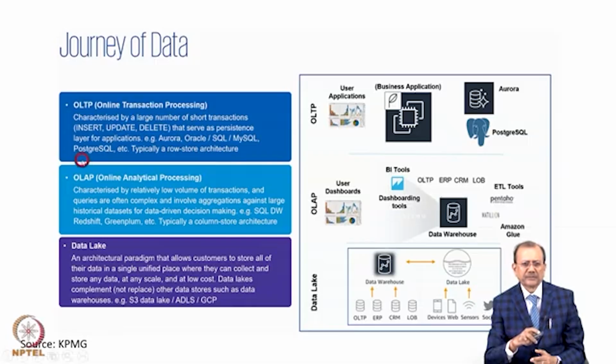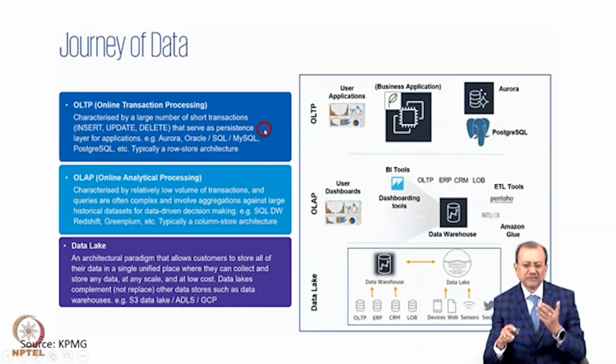I have bifurcated this into three parts: OLTP, OLAP, and data lake. What is OLTP? The transaction data. When your department credits your salary and then you draw that salary, this is transaction data.